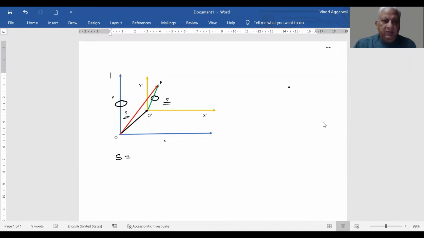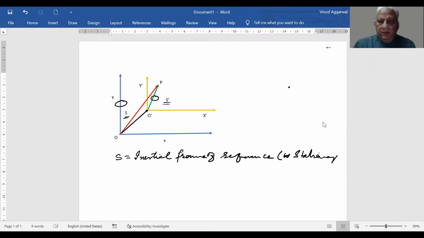So S will be called the inertial frame of reference, and we can simply say this is stationary with respect to ground.